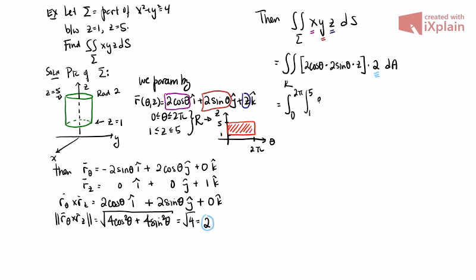So I have an 8z cosine theta sine theta dz d theta. And then we just evaluate. And that's the result. So similar to before, we parameterize it with an r, we find the partials, we take the cross product, we take the magnitude, we turn the surface integral into a region integral.